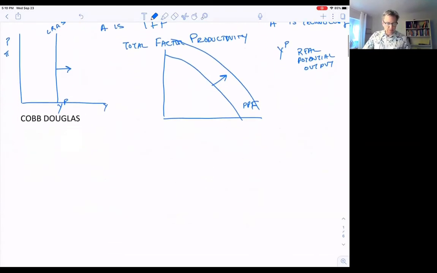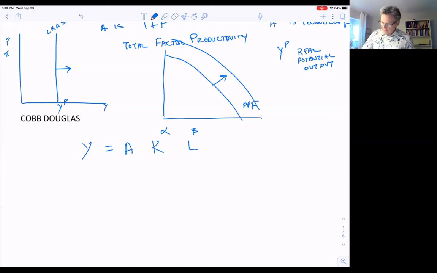The Cobb-Douglas production function is written as Y equals A times K to the alpha times L to the beta power. So real output Y equals A, which is total factor productivity, times capital to the alpha power times labor to the beta power.